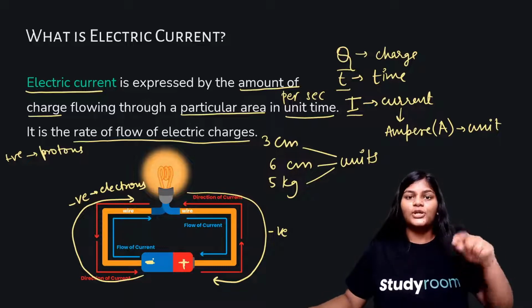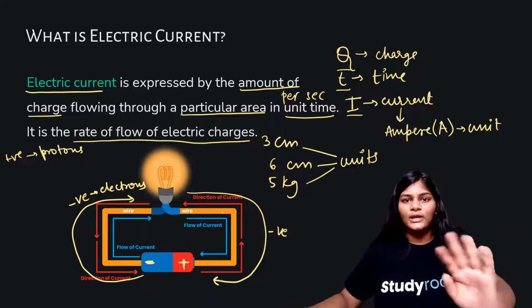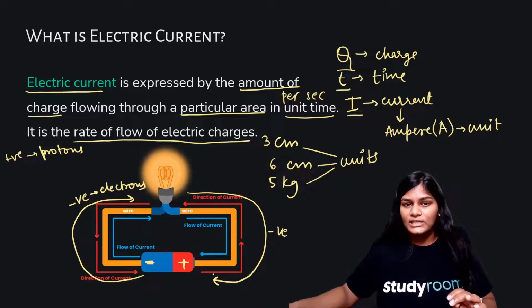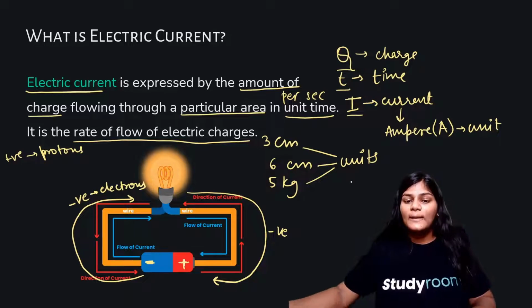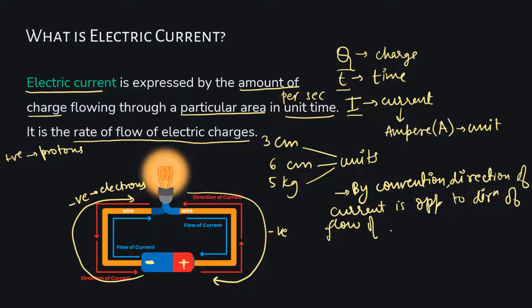So, if the negative charges or electrons are flowing in this direction that I have drawn right now, just forget the figure and the arrows drawn in the figure for a moment. If the negative charges are going like this, or they are going clockwise, then we just say that by convention, direction of current or electric current is opposite, I'm writing in short form, to direction of flow of negative charges or electrons.